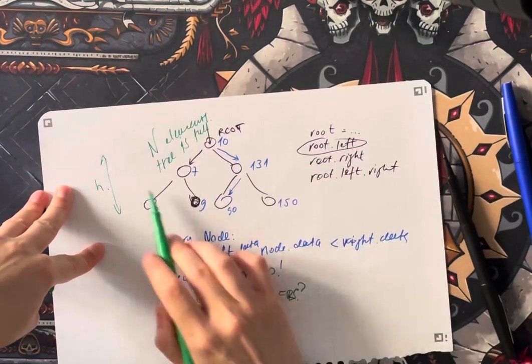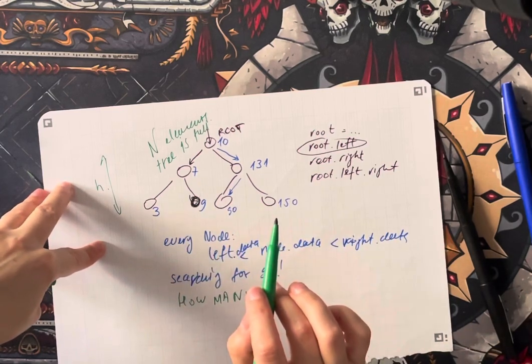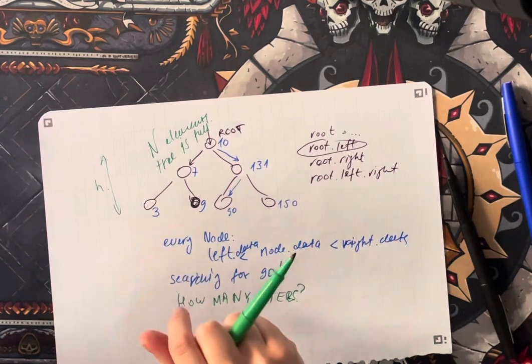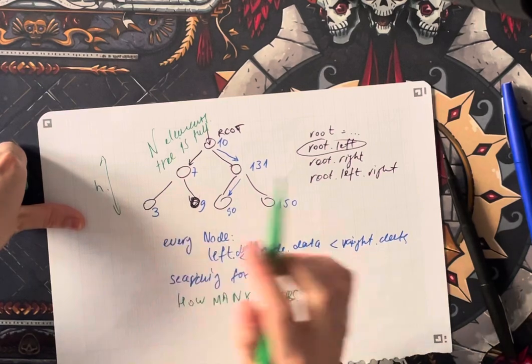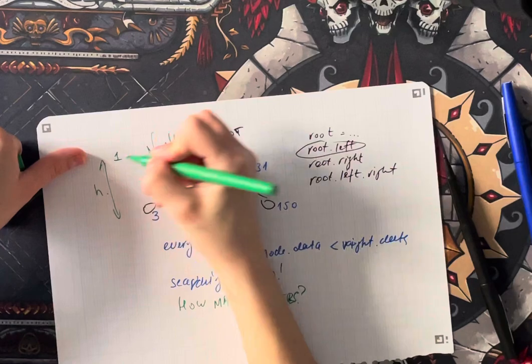And it depends on n, if we have n elements in the tree. So, well, how to compute it? Imagine, like, let's do it vice versa. Imagine that the height of that tree is h. So how many elements do we have on each layer? On the first layer we have 1 element.